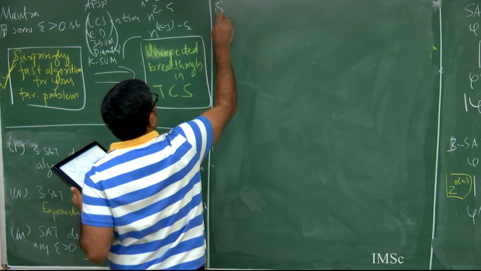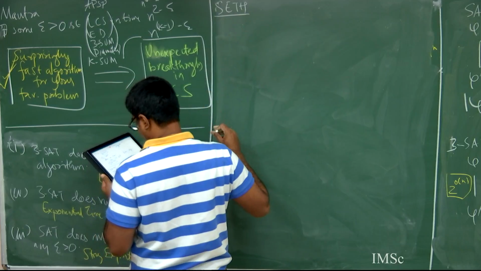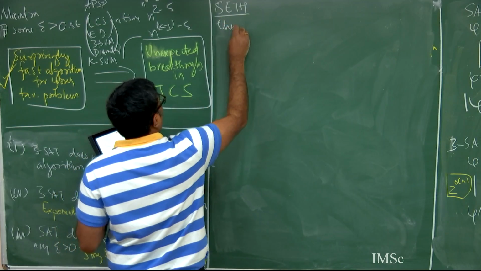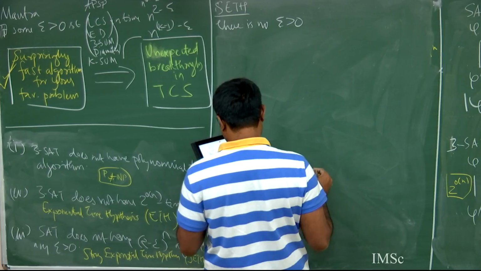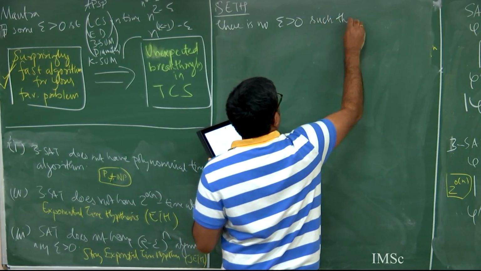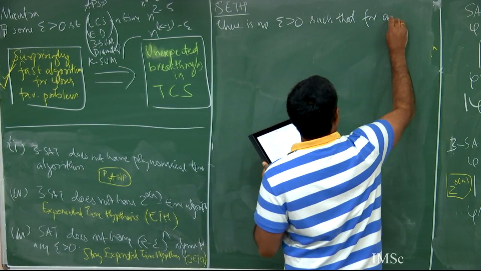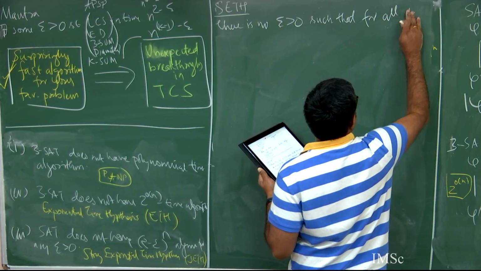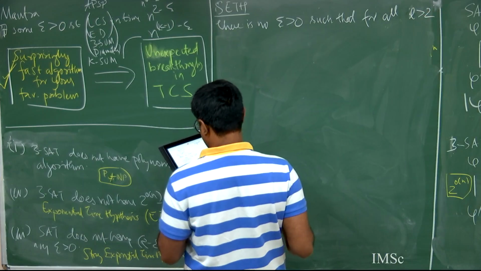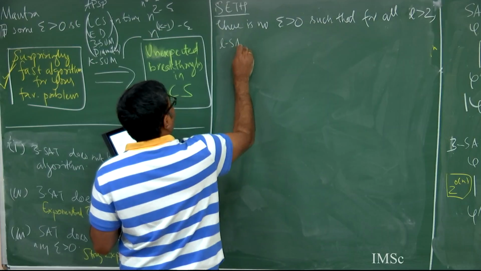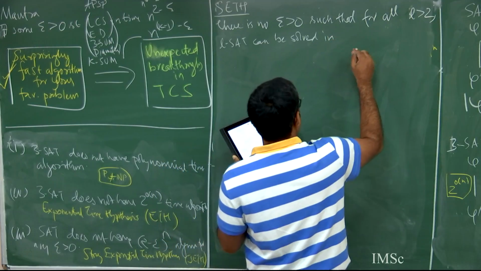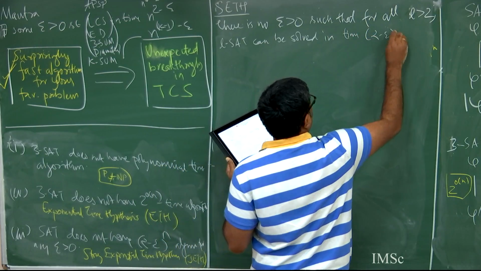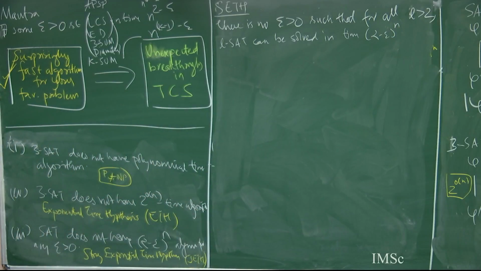So, SETH is defined like this: there is no epsilon greater than 0 such that for all k, let us say k greater than or equal to 2, k SAT can be solved in time 2 minus epsilon to the power n.